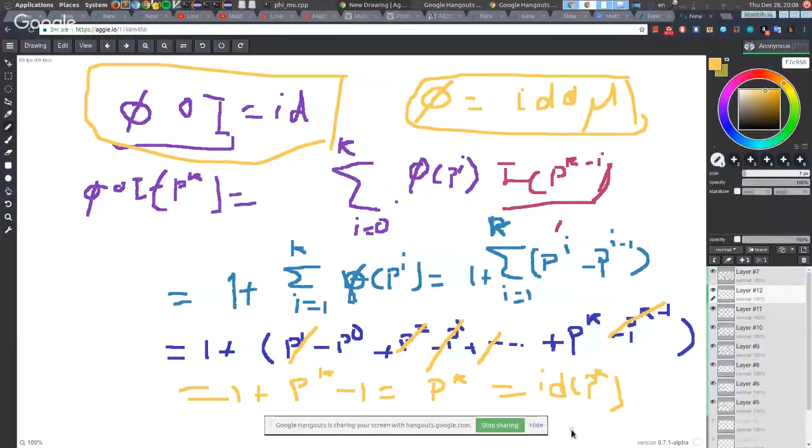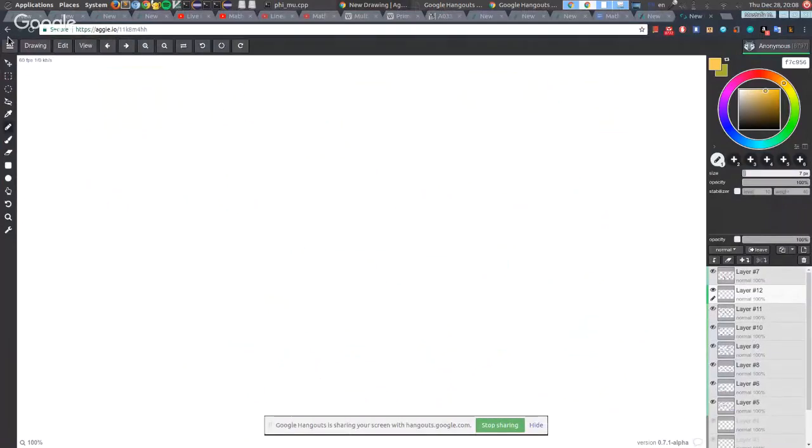So if we see it here, we know that the summation for all the mu, so all the divisors, this summation is equal to 0 if n is greater than 1.